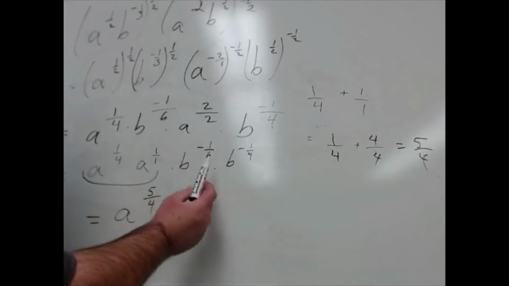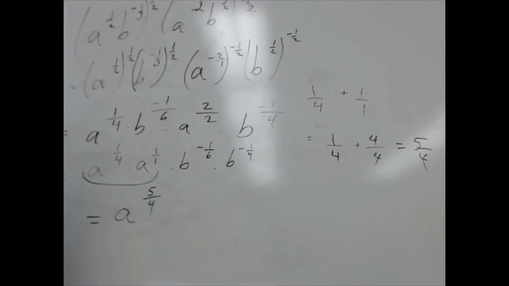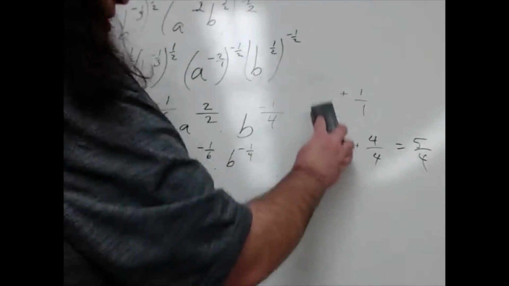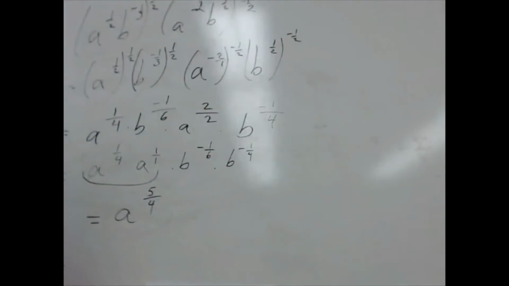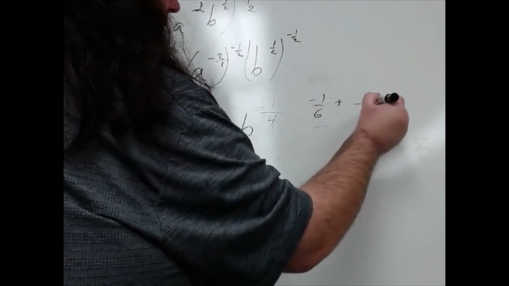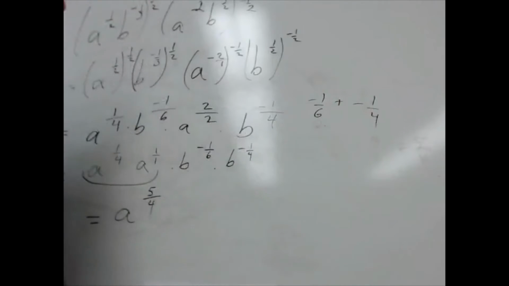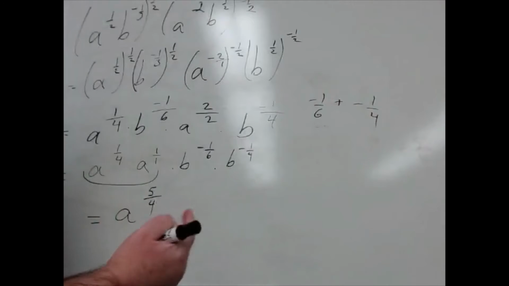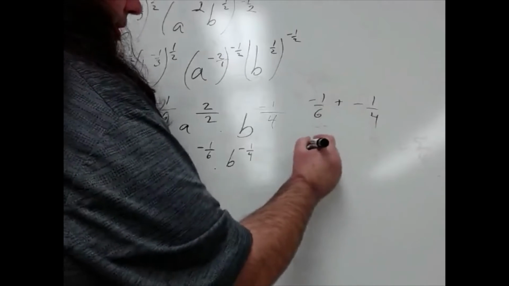And over here I'm going to add these two together, negative 1/6 plus negative 1/4, and that will give me the exponent on b. Common denominator between 6 and 4. Well, you could use 24, but I think 12 is the least common denominator because both of these numbers go into 12.